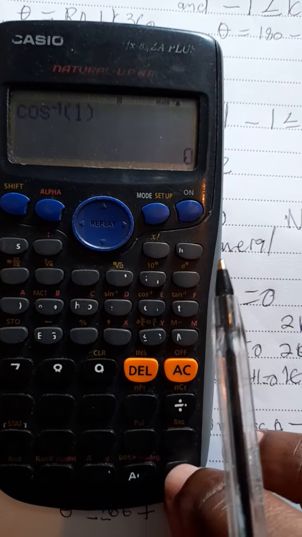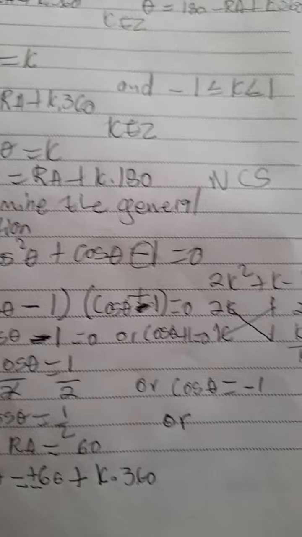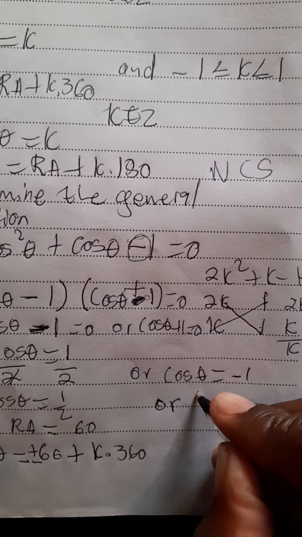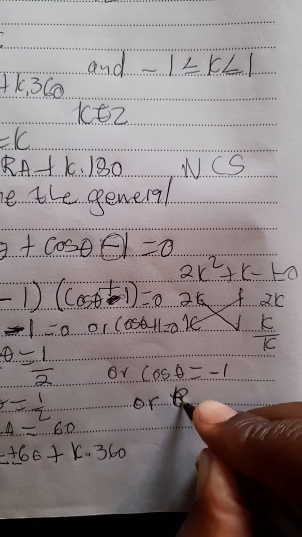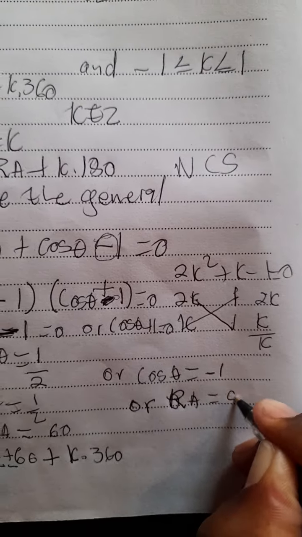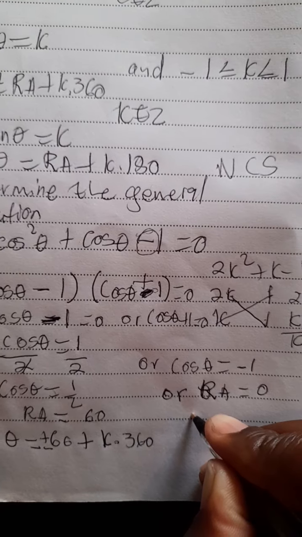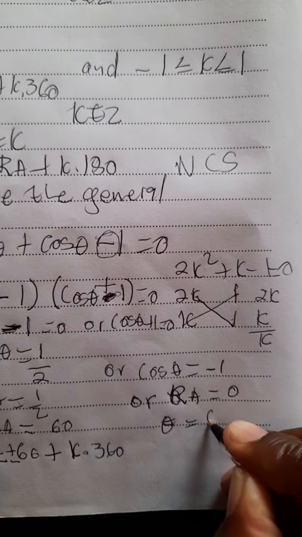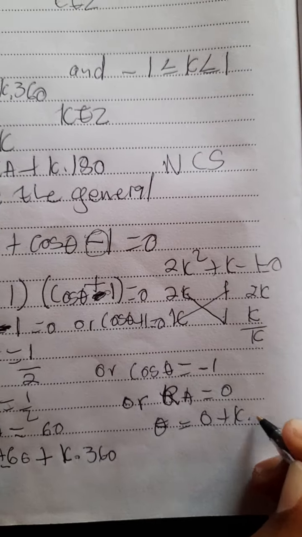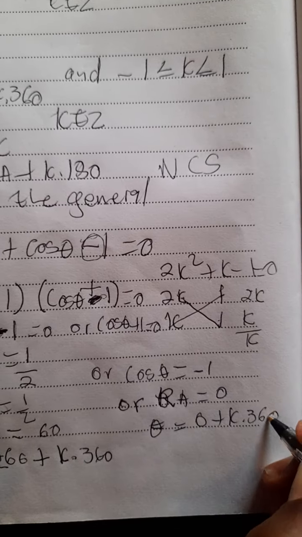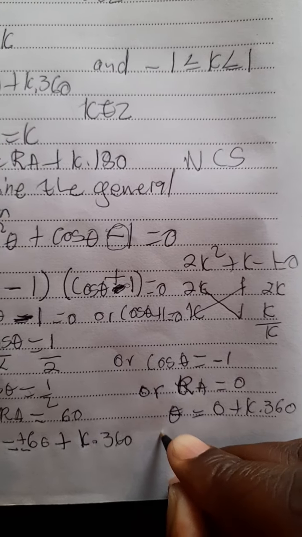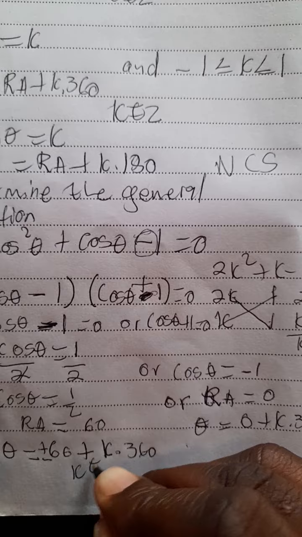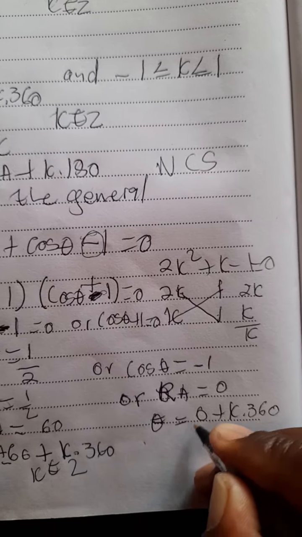We are going to have 0. So in other words, our reference angle will be 0. So in this case, theta equals 0 plus k times 360. Don't forget to write k is an element of the integers, right?